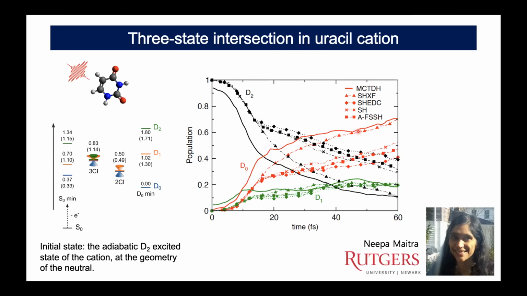We have correct population transfers, because of the quantum momentum term, the decoherence correction term. This additional population transfer gives the correct population dynamics.